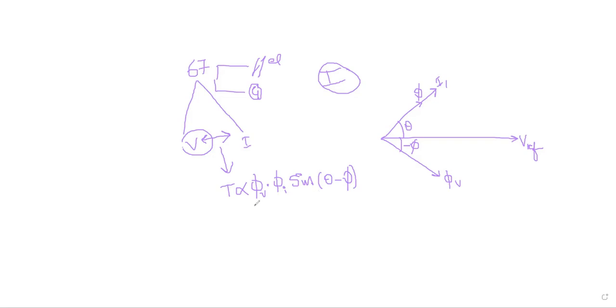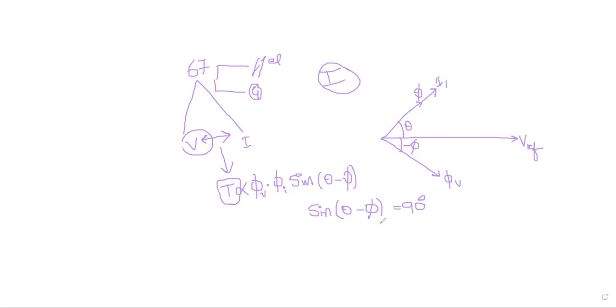And generally, for the maximum torque line, where you can find the maximum sensitivity, meaning good sensitivity, the sine of theta minus phi should be equal to 90 degrees.